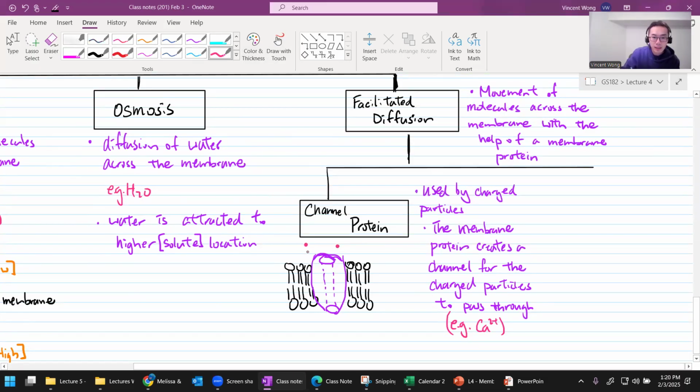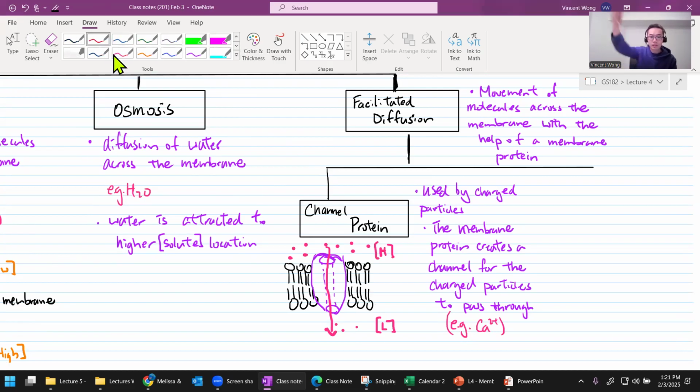And then, if you have more on the outside than inside, then they're going to come in. Again, this is still passive transport. No energy is required. It's going from high to low. This is high concentration outside, and this is low concentration. If the situation switches, like if it's low on the outside and high on the inside, then they're just going to move out.